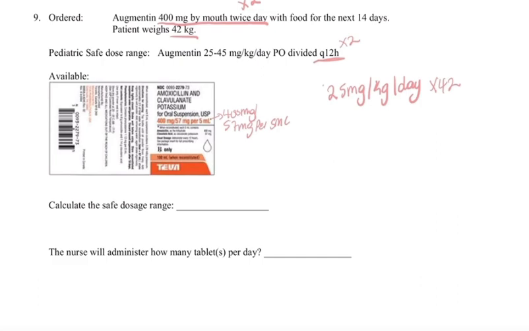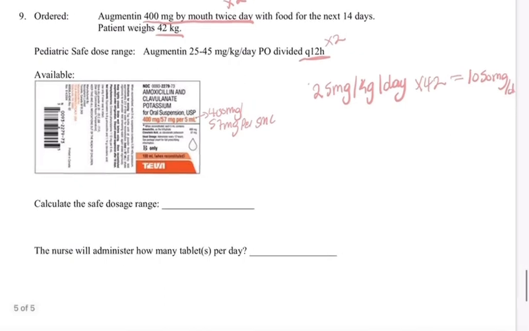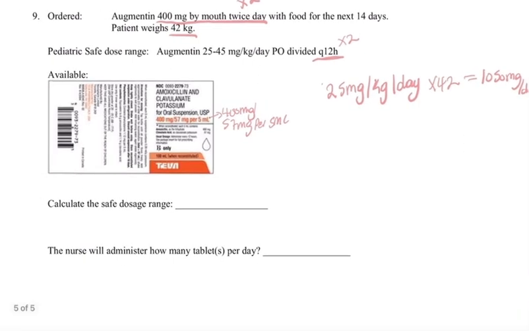Kilogram would take out kilogram, which would leave me with 25 milligram per day times 42. I'm gonna get 1050 milligram per day. See how I just put it in that little corner again? My bad. Let me rewrite it properly. So I have that per day.